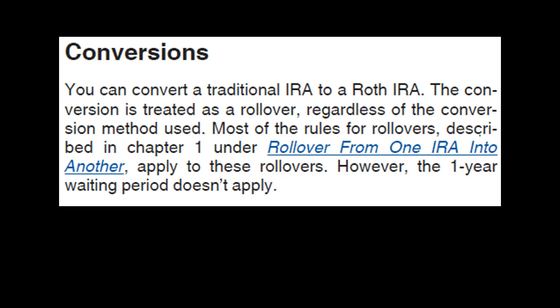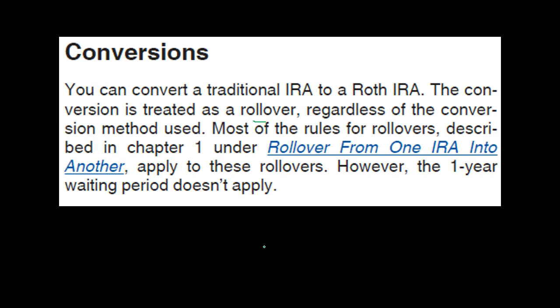So conversions. You can convert a traditional IRA to a Roth IRA. The conversion is treated as a rollover regardless of the conversion method used. So if we're going from a traditional to a Roth, it's going to be a rollover regardless of the conversion method used. Most of the rules for rollovers described in Chapter 1 under rollover from one IRA to another apply to these rollovers.